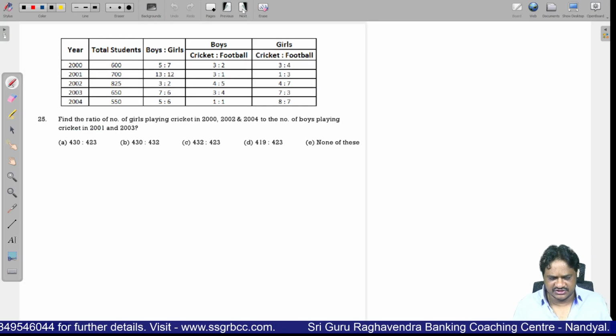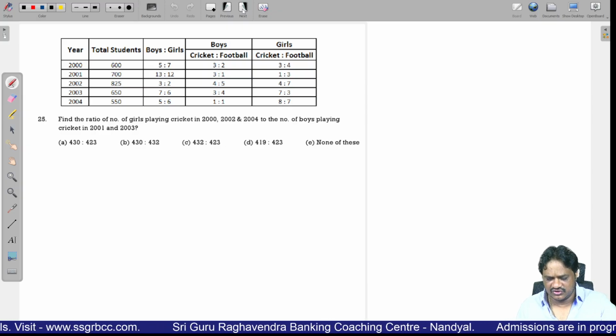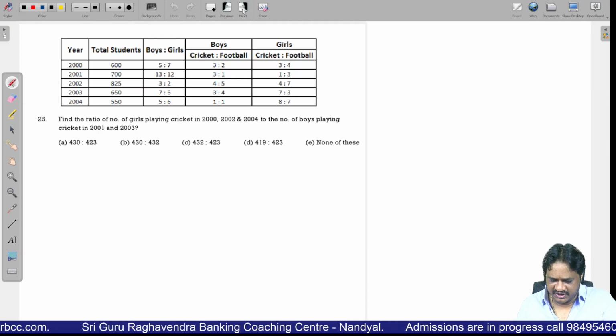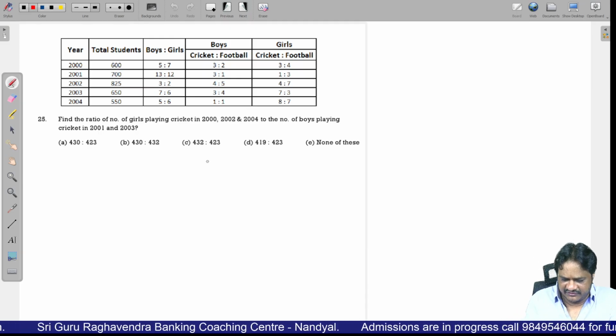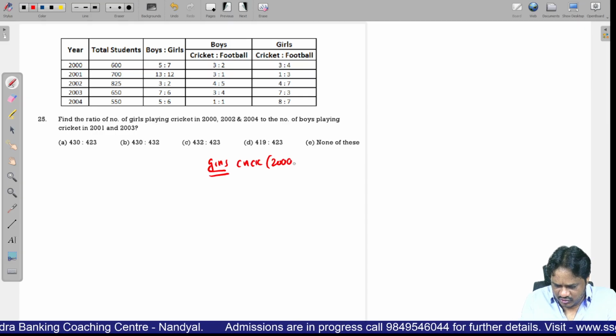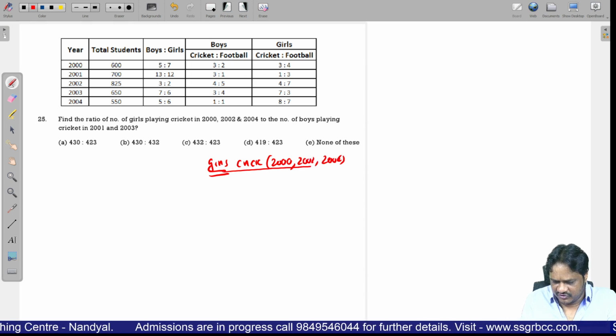Let us see the next question, 25. Find the ratio of the girls playing cricket in 2000, 2002 and 2004 to that of boys playing cricket in 2001, 2003. First, let us calculate girls cricket in 2000, 2002, 2004.